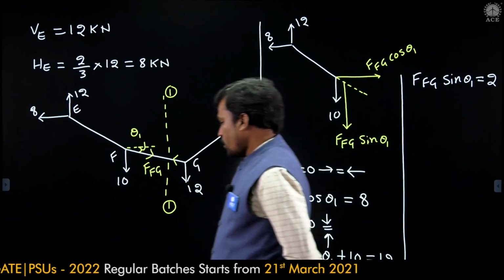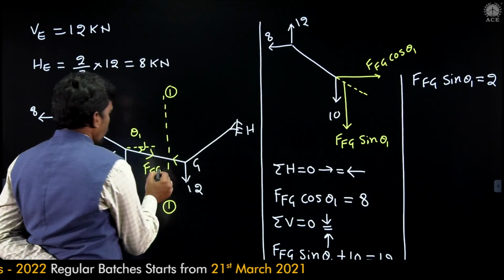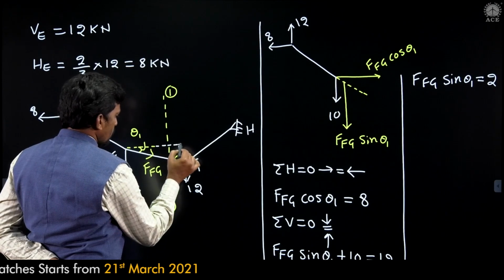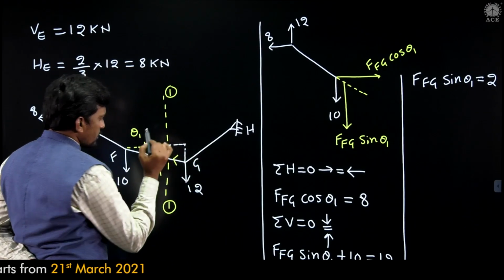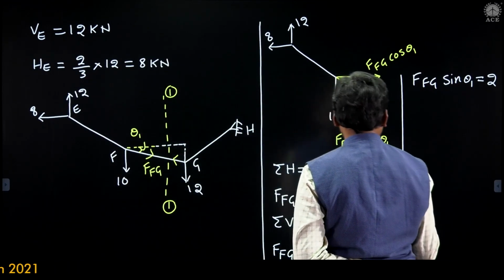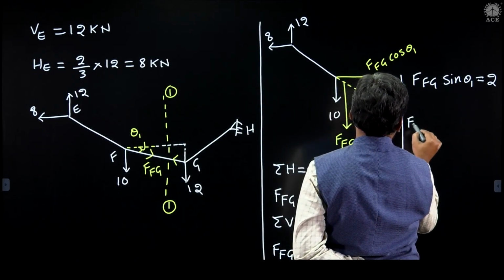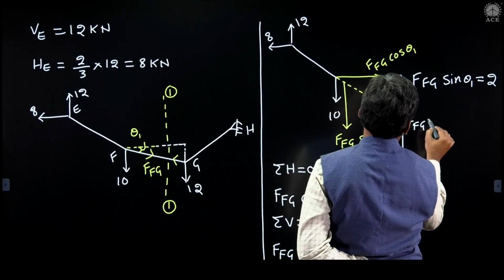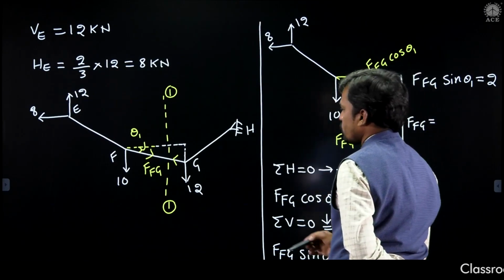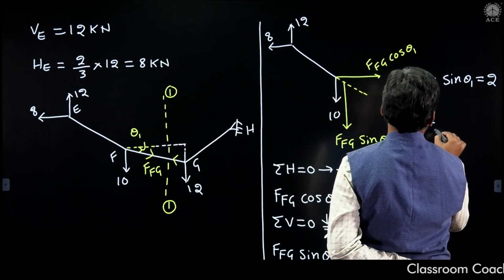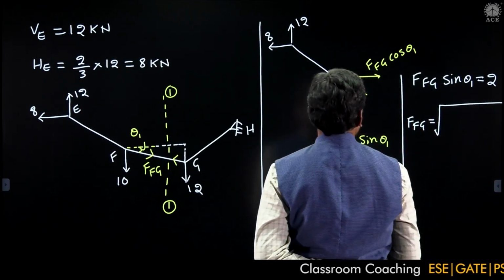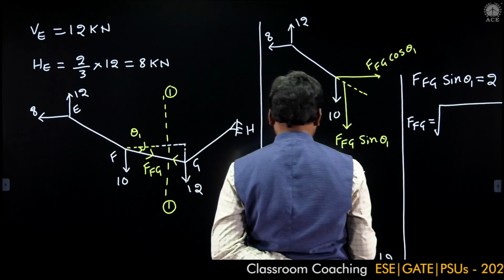Now, we have to find the tensile force, this value we have to find. Consider this triangle, please. Then from this triangle, force in member FG equals the root of this one.